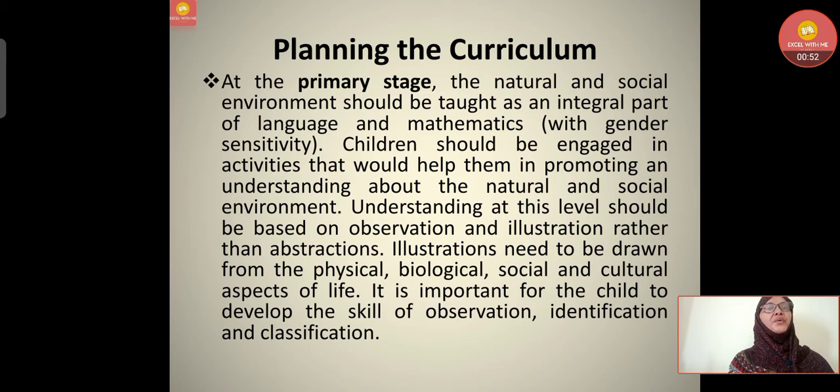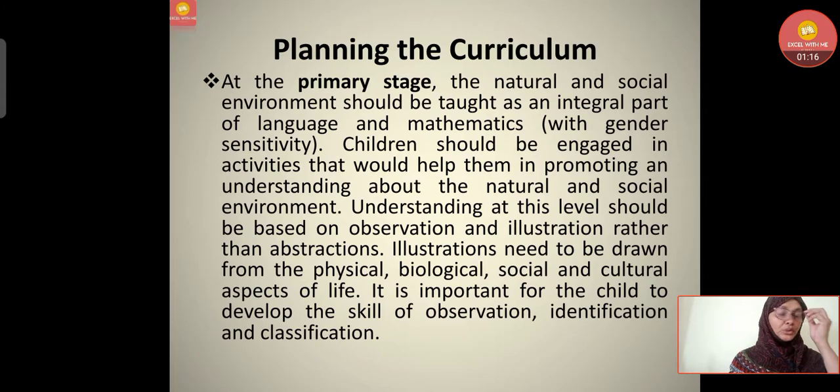Let's understand from the first, that is, beginning at the primary stage. At the primary stage, the natural and social environment should be taught as an integral part of language and mathematics with gender sensitivity. Children should be engaged in activities that would help them in promoting an understanding about the natural and social environment.